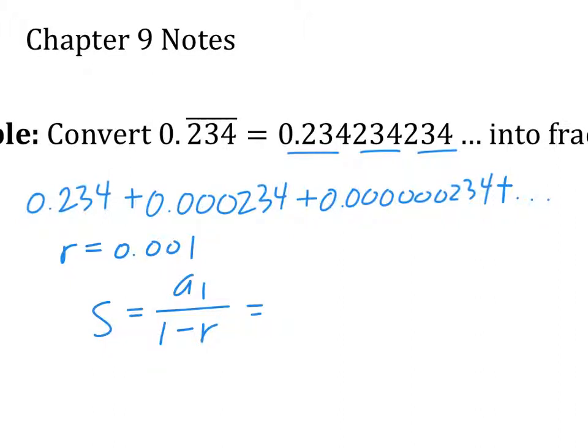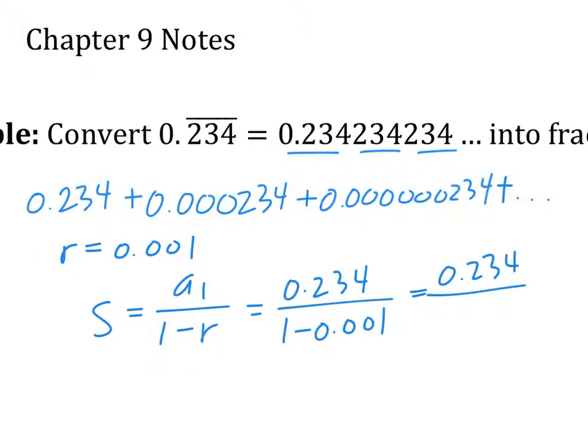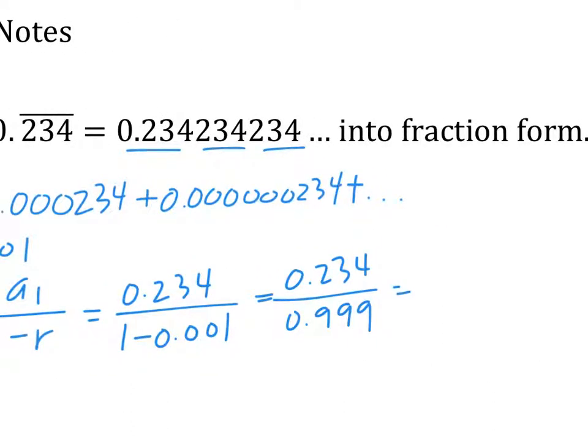Okay, so what is A1? 0.234. And then R is 0.001. So this is going to be 0.234 over 0.999, so 234 over 999.